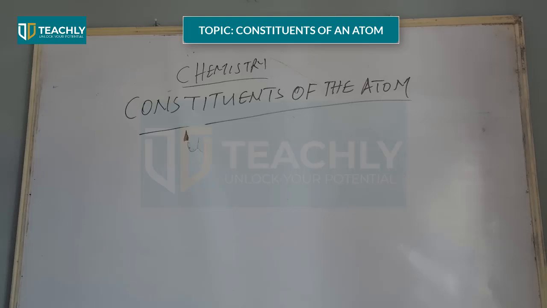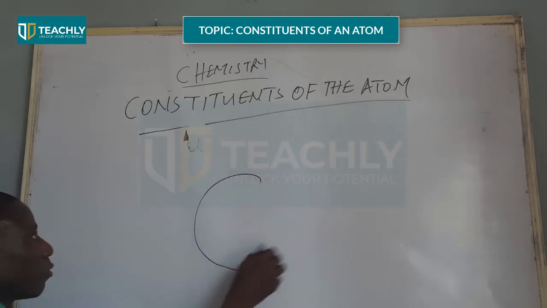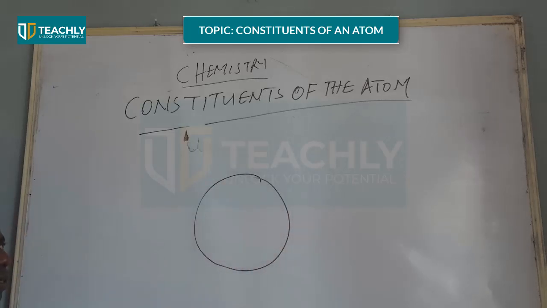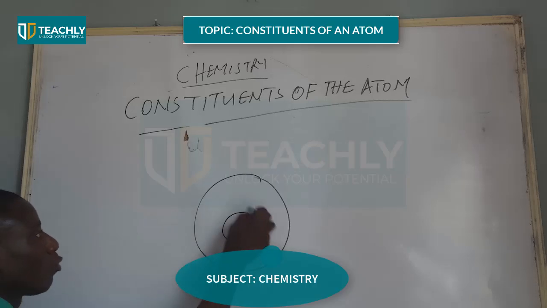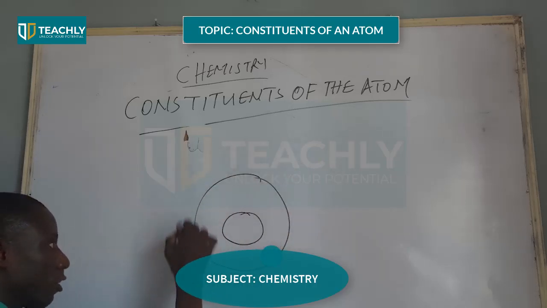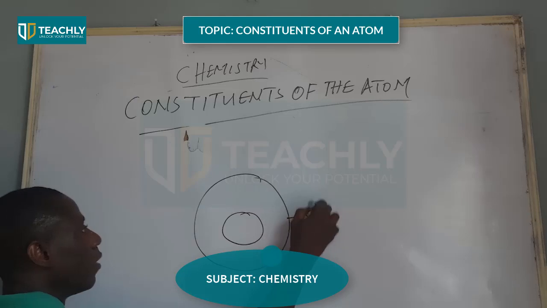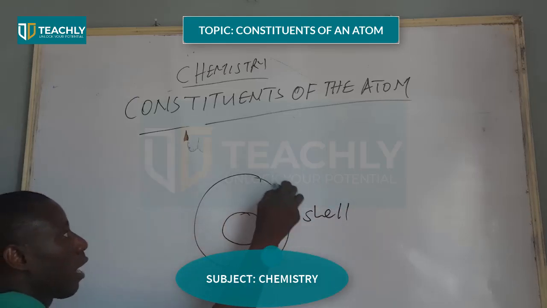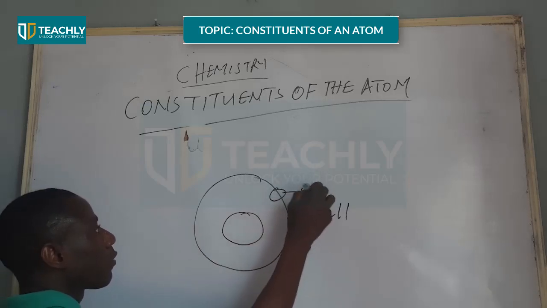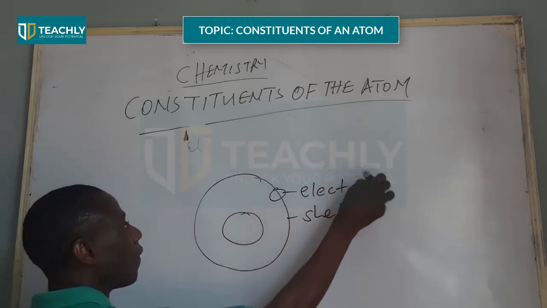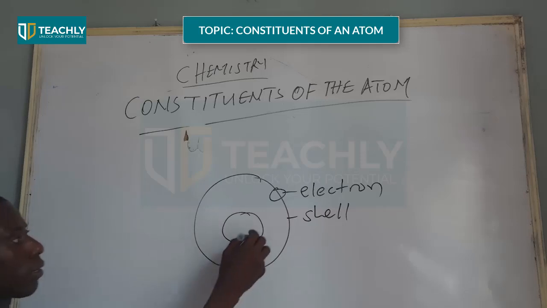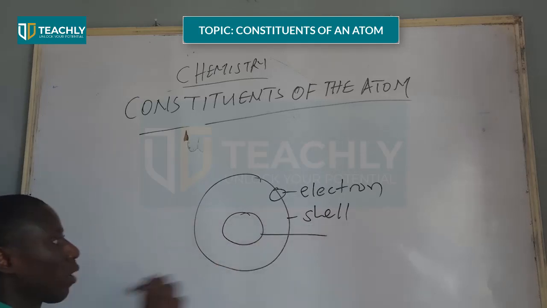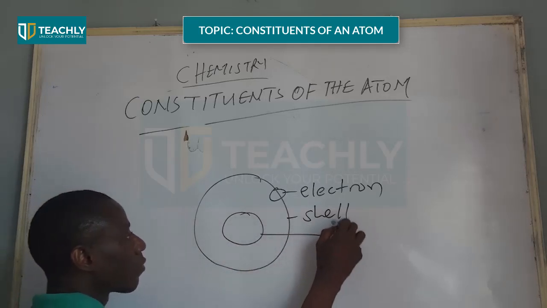an atom. From what we have learned before, this is an atom, and in an atom you have a shell, and on that shell we have a particle called electron. Inside the atom we have the nucleus.